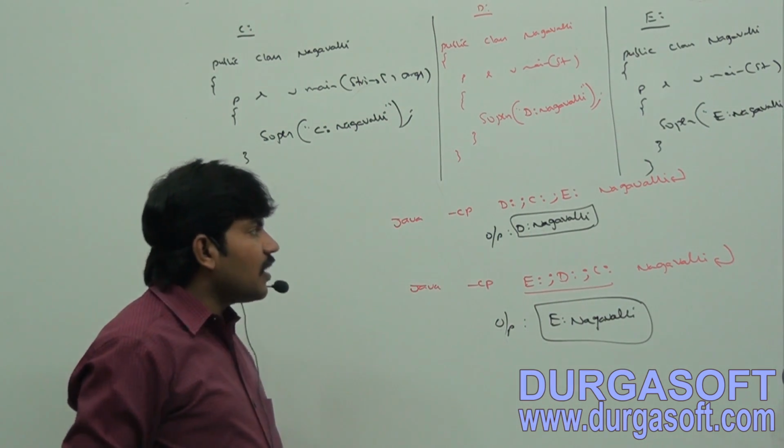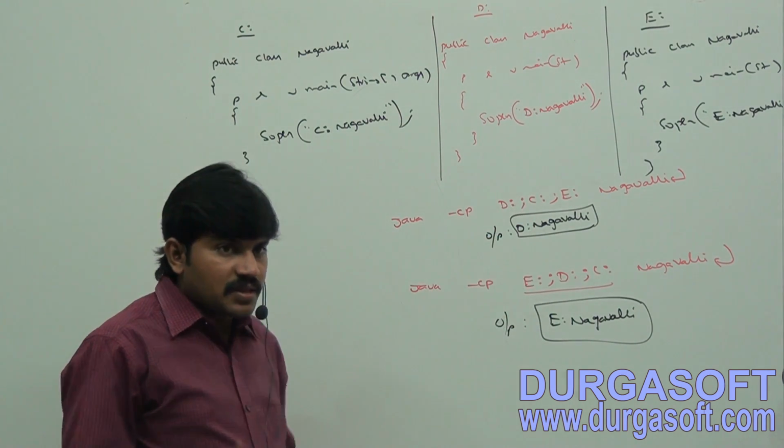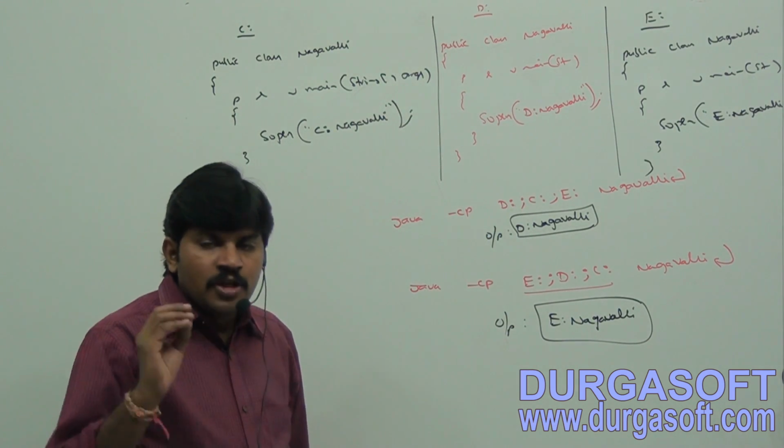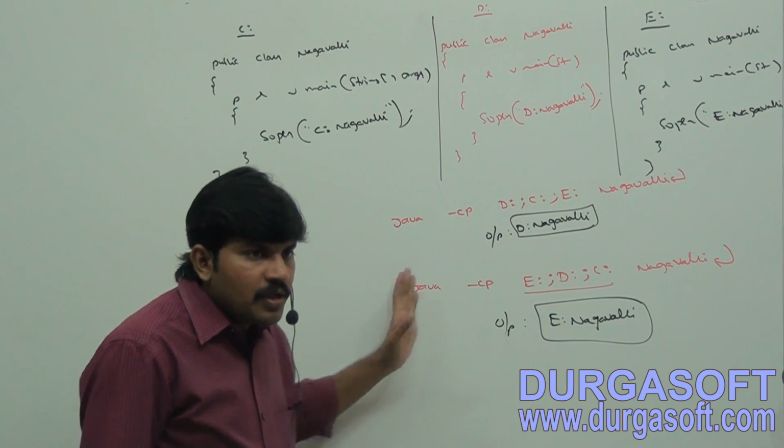So in the class path, is the order of locations important or not important? JVM is always going to consider from left to right.